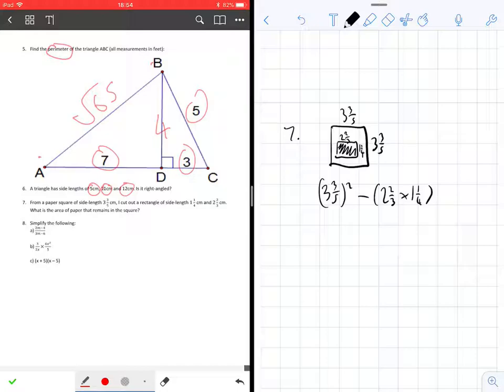So I think I better change these to top heavy fractions. It becomes 18 over 5 squared, take away 8/3 times by 5/4.